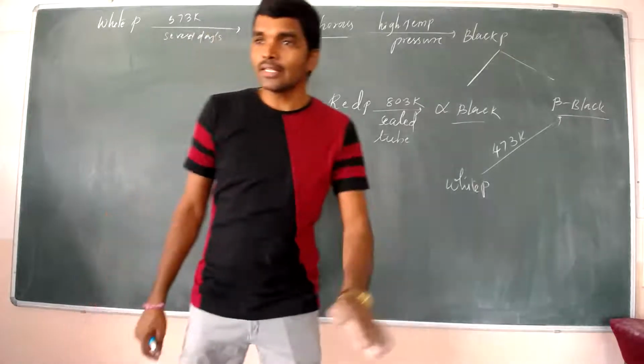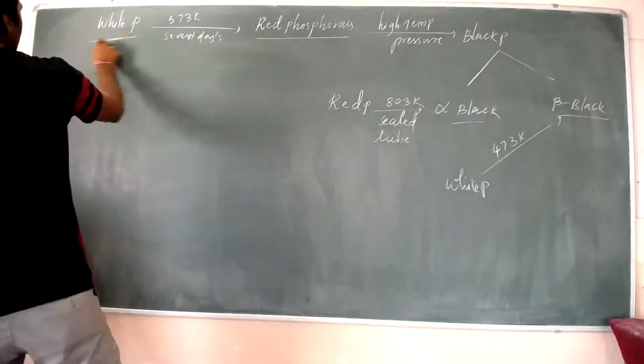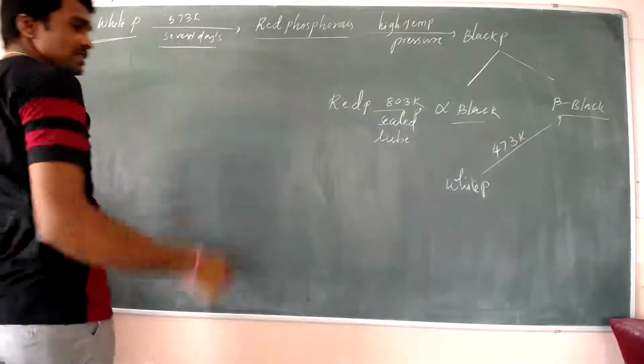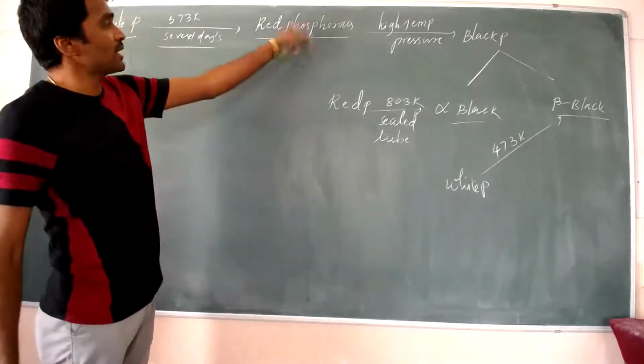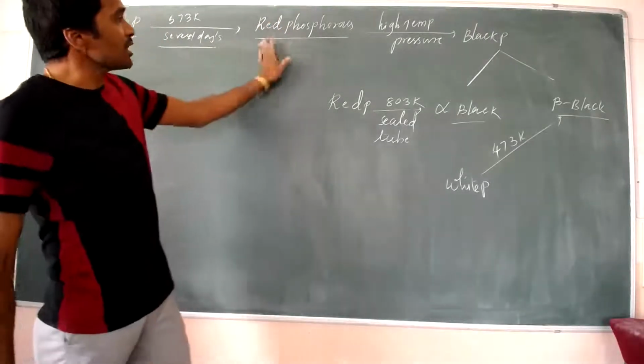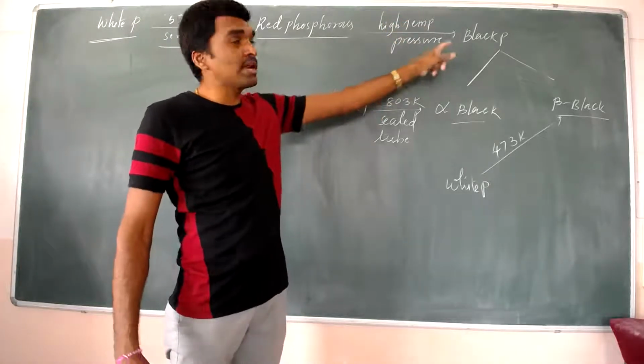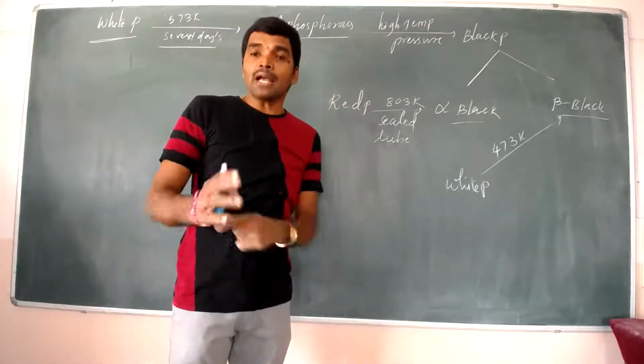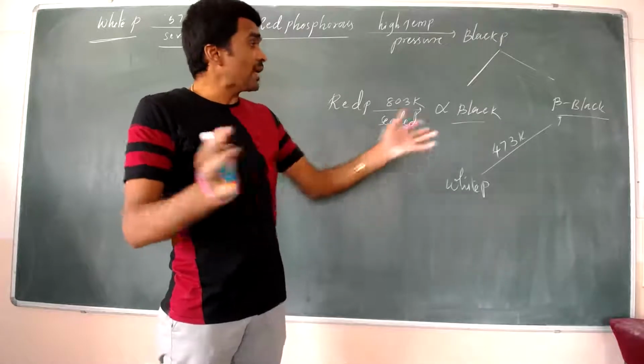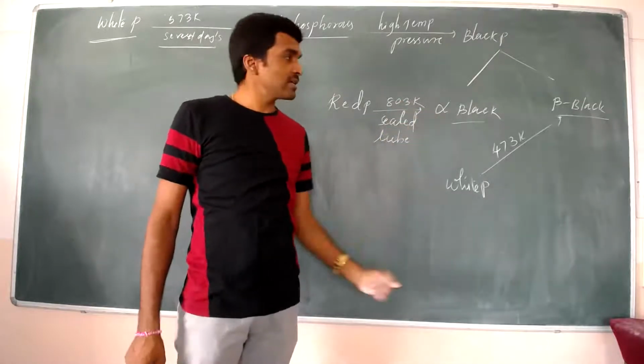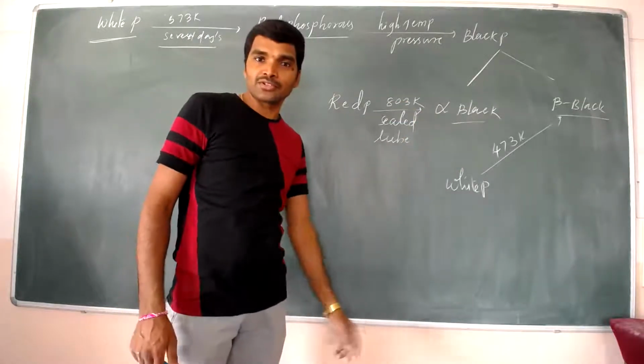Okay, so this is the information you see. White phosphorus heated at 573 Kelvin for several days gives red phosphorus. Red phosphorus heated at high temperature and pressure gives black phosphorus. Black phosphorus has two types: alpha black phosphorus and beta black phosphorus.